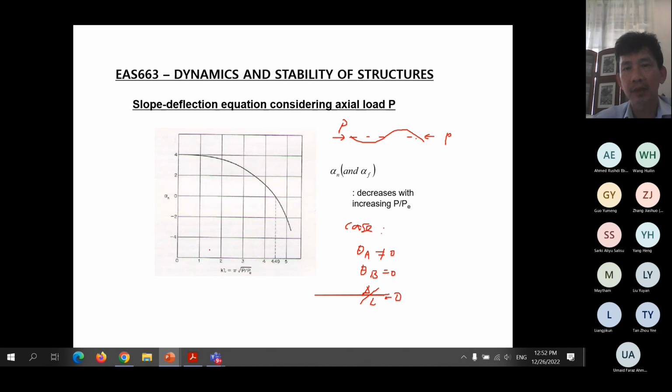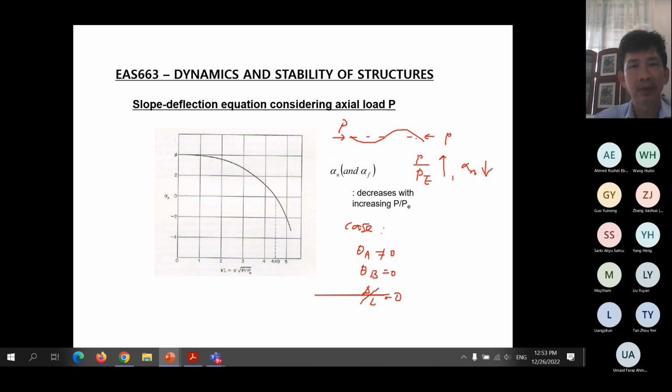So from this graph, what is important is P relative to P Euler or P critical. When the value of P acting in this member becomes larger, then alpha n will decrease.